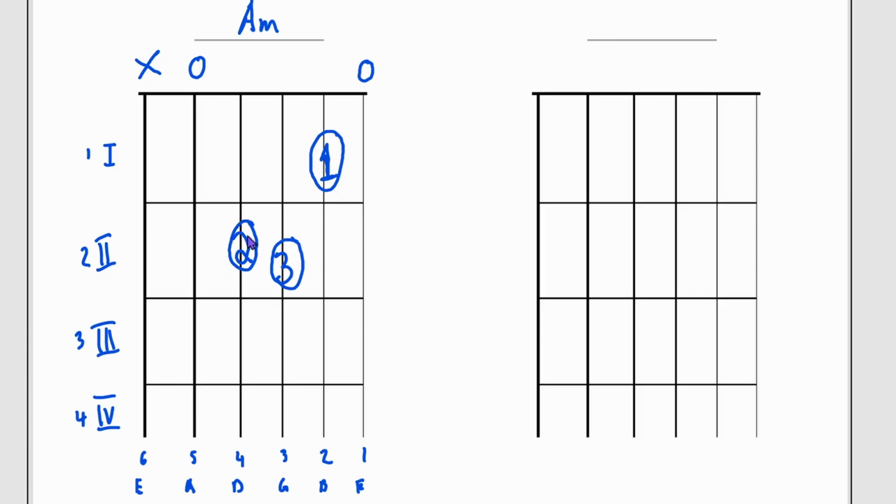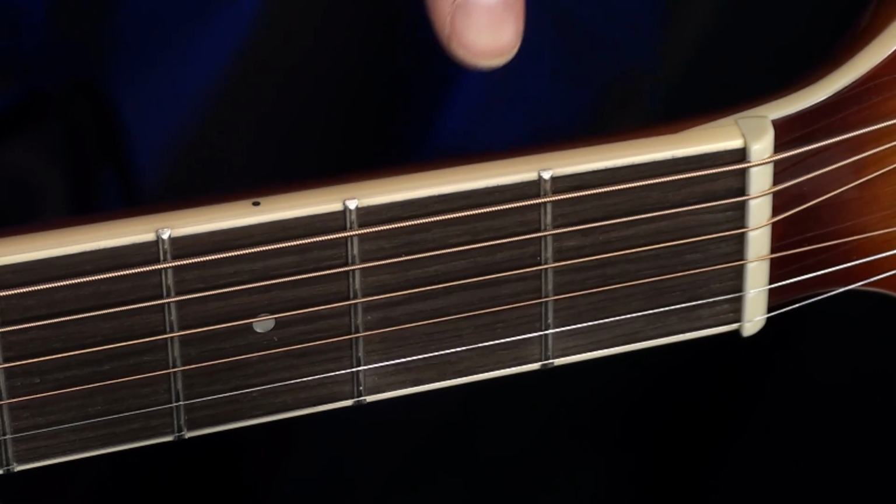Remember, when you're constructing your chords, you'll be starting with your 2nd finger, 3rd, and then 1st. We're going this way, ceiling to the floor, like a down strum. So let's do that on the guitar. We're starting from the top here.